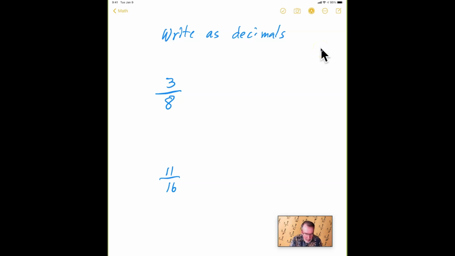So if we just write that out as 3 divided by 8, we can find a decimal representation of this fraction.